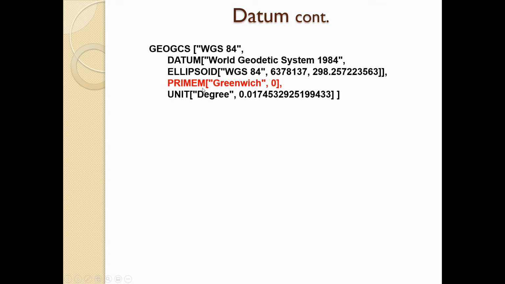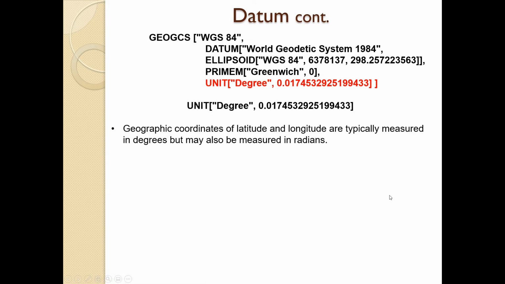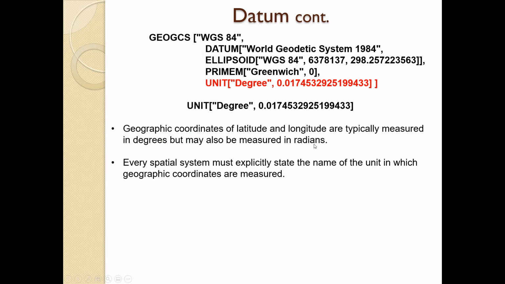We know the prime meridian is at Greenwich Observatory in London, England, and that's at 0 longitude. And we also know that the units we measure in are degrees, but in these reference systems, they also show you a conversion number you can use in order to state the measurement in radians, okay?